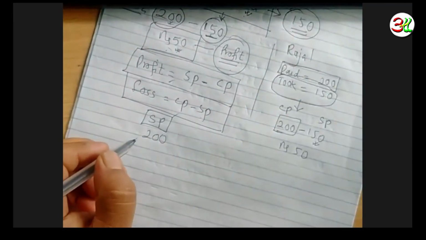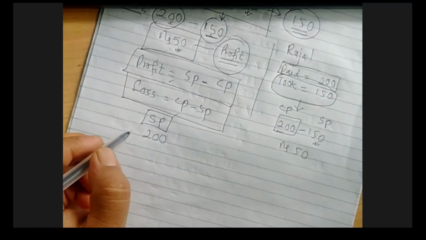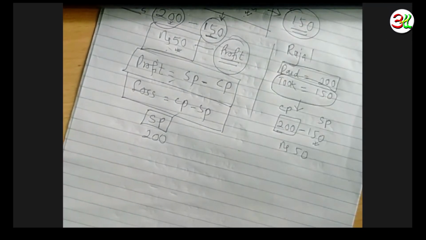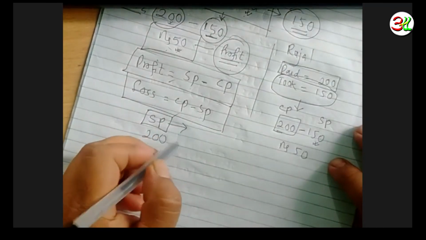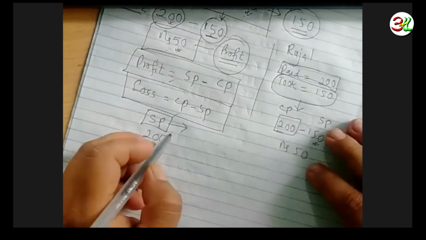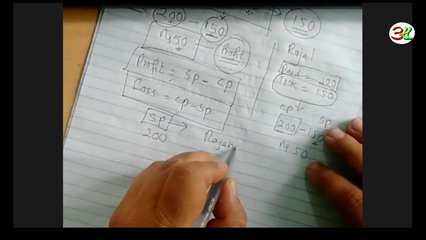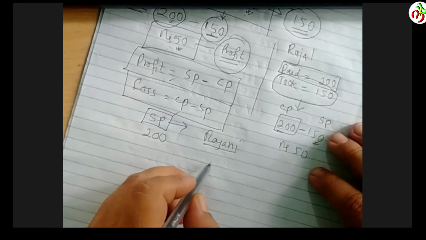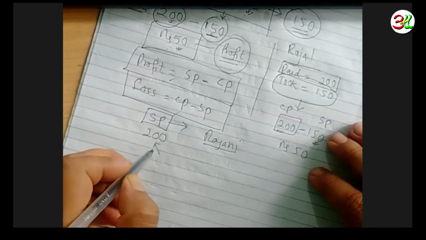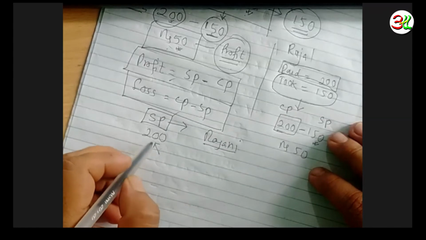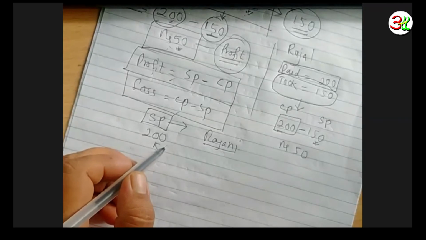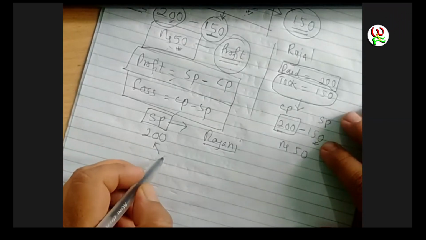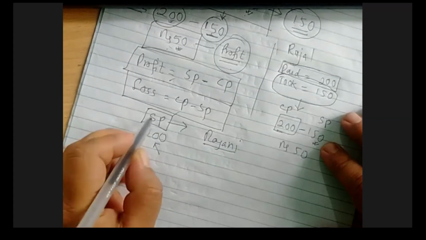Suppose next there is Rajani. Rajani did not know the cost price of that medicine. She did not know how much money Anita paid for that medicine. Then tell me, Rajani, what is the profit or loss if Anita sold that medicine at 200 rupees?